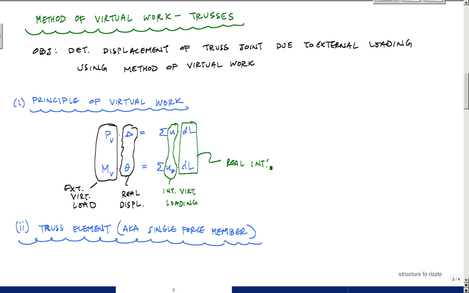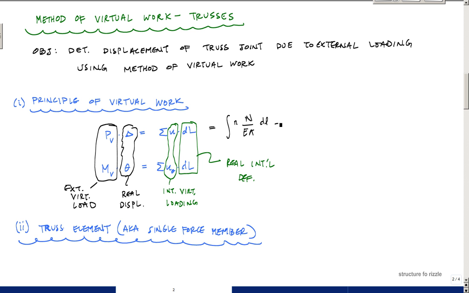What this really is, is the sum of the internal virtual normal force times the actual real internal deformation. In fact, this should be an integral of n over EA times dl. Here, this little n is the internal virtual loading, and this N over EA dl represents the real internal deformation, or the deformation due to the real loading.